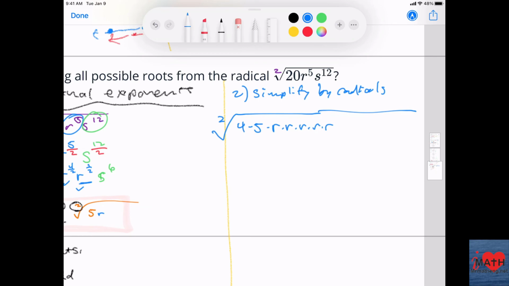There are 5 of them, and then there are 12 s's. If you have a pair, I can make the 4 into 2 times 2. You'll notice the relationship here is all multiplication, so if there's a pair, they can come out. There's a pair. That becomes 2.